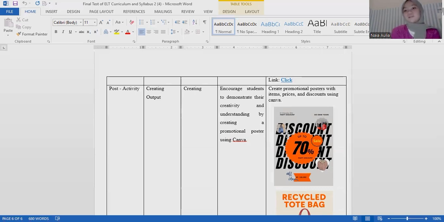From the learning objective until the assessment, we should be concerned about this, so that we as teachers and the students know that by the end of the lesson, the learning objective aligns with the material we give to our students.